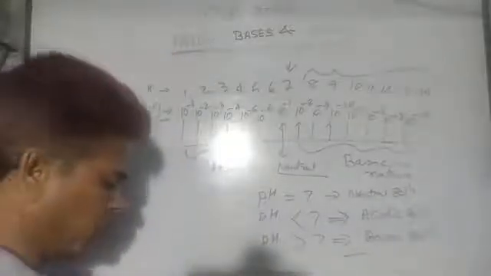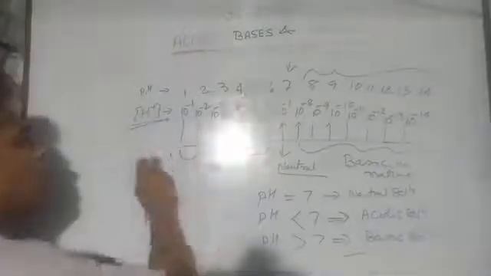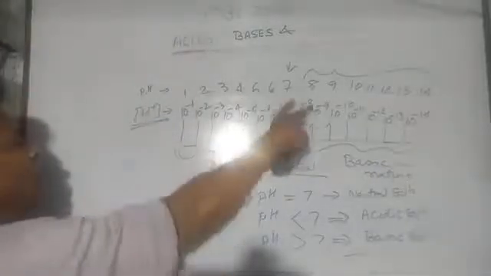Now you take some more numerical problems. How can you solve that one? So here the pH scale is written in the form of the hydrogen ion concentration or in pH value. Now you take another example here.